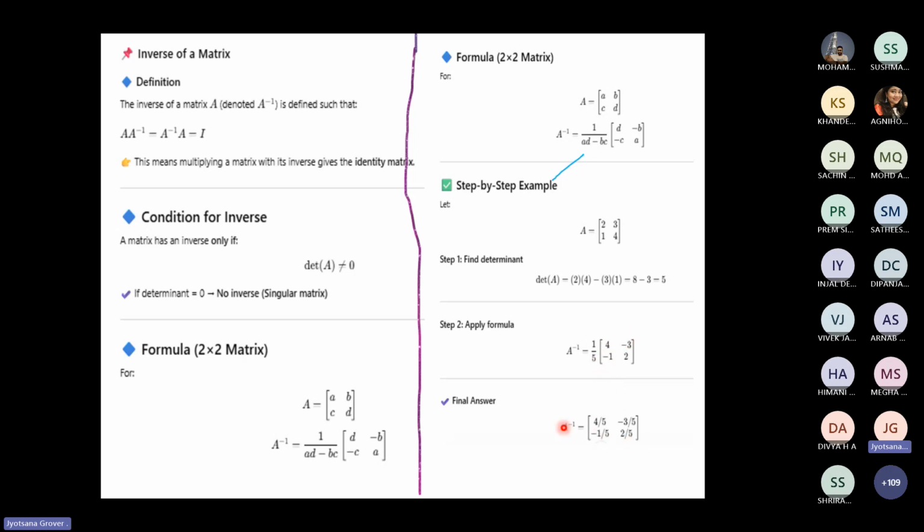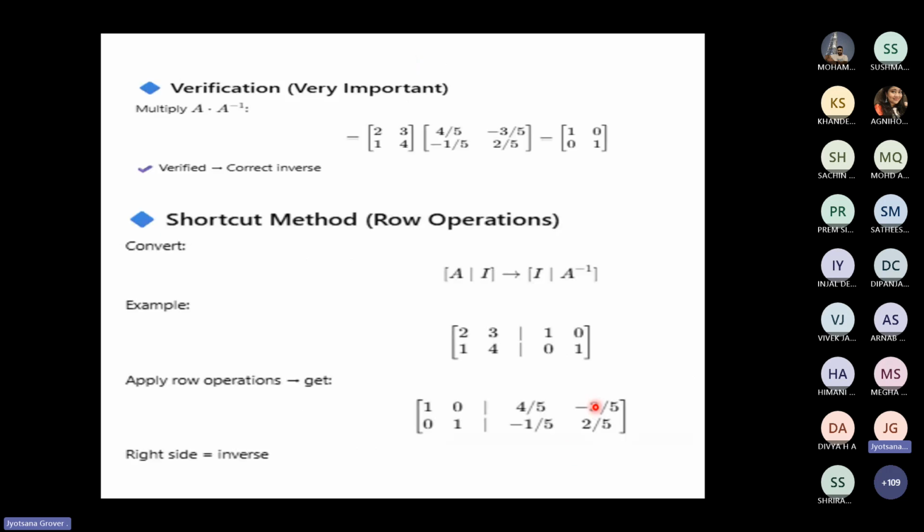Now if you want to verify whether this inverse is correct or not, let's find the product of A and A inverse. A multiplied with A inverse. So what will you get? To find the first entry, you take the dot product of the first row of A with the first column of B. So 2 into 4 by 5 plus 3 into minus 1 by 5.